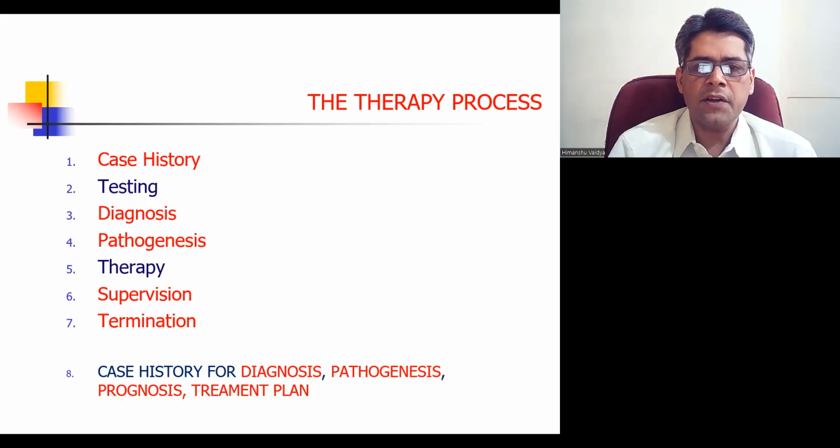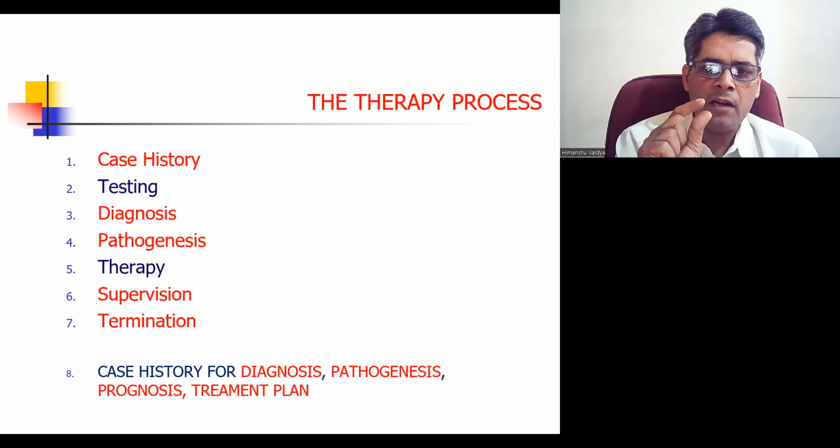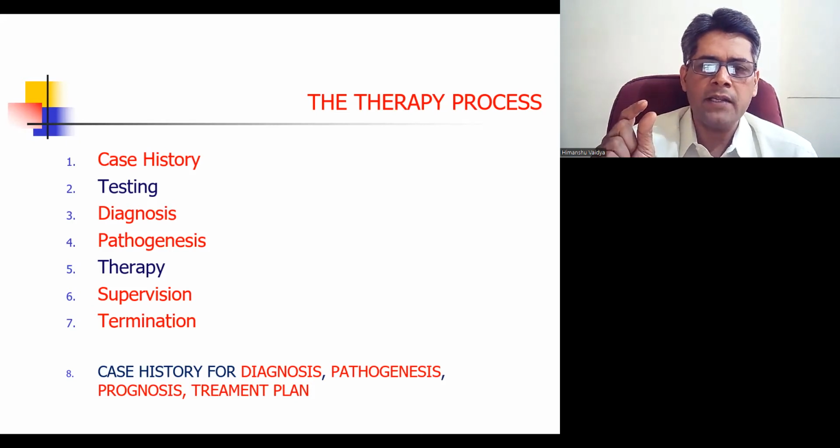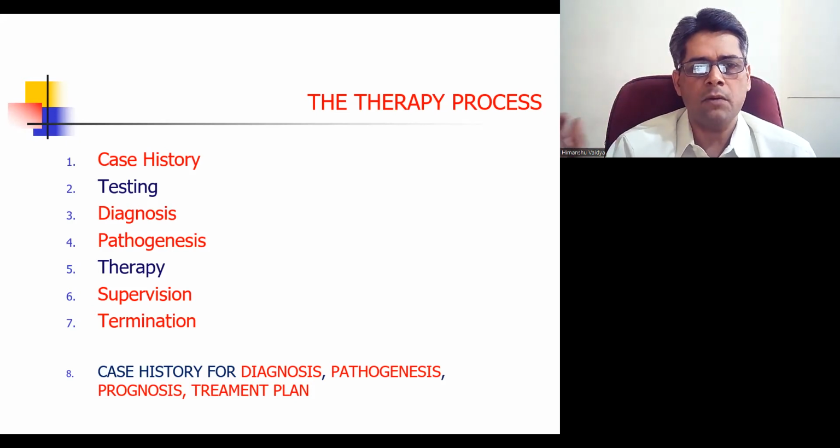After taking the case history, if we feel the need that certain things are not clear, or we want some more information about the unconscious mind of the person because we want to accelerate the whole process, or we feel certain information is hidden and has not been revealed, or we are not sure about our assessment of intensity, whether it is a mild problem, a moderate intensity problem, or a severe intensity problem.